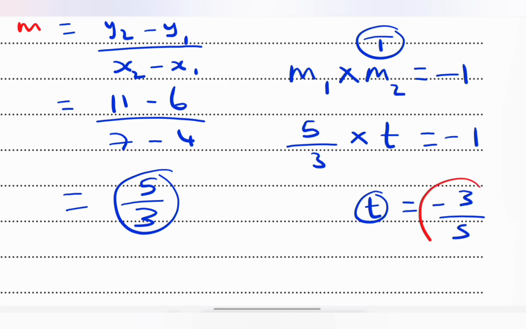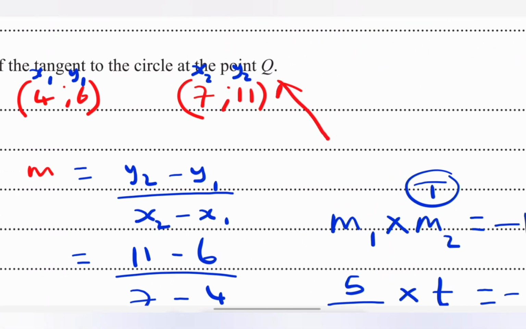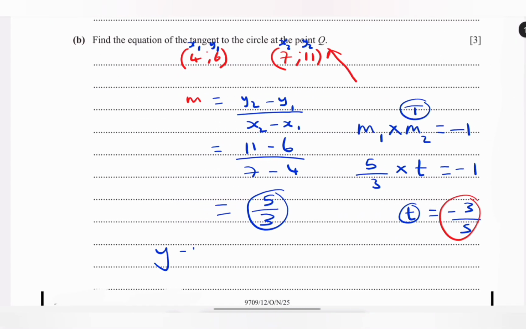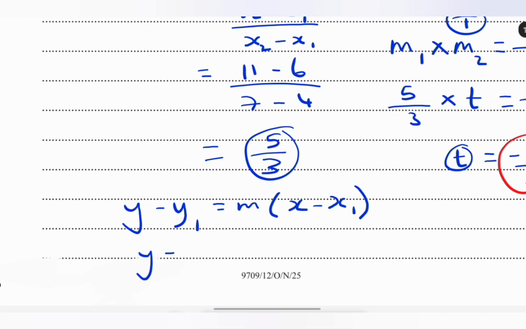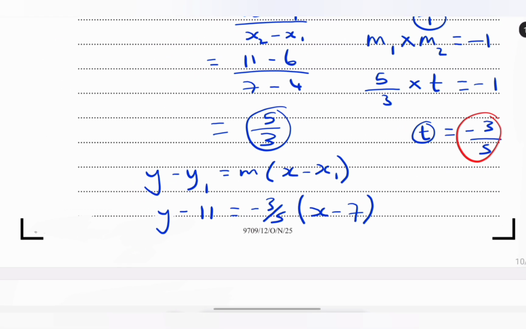Now with the gradient of the tangent and the point Q, which is right here, (7, 11), we can get the equation. We just use y minus y1 is equal to m times (x minus x1). Now y minus the y part of Q, 11, is equal to m, our minus 3 over 5, times (x minus our x coordinate 7), like that.